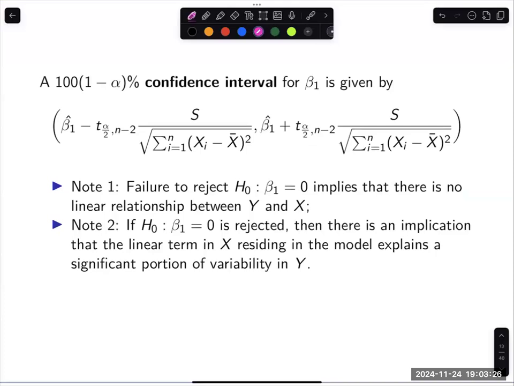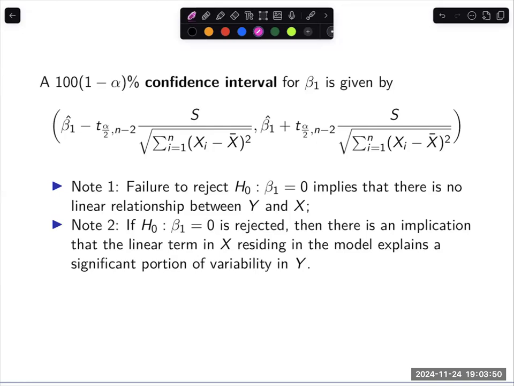And the corresponding confidence interval for beta 1 can also be given here. We have to note here, again, if we fail to reject the null hypothesis that beta 1 is 0, that implies there's no linear relationship between y and x, okay?